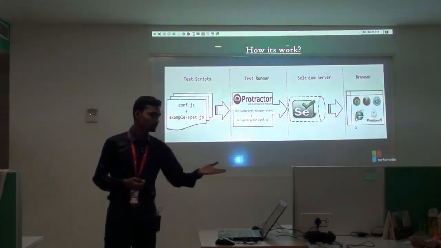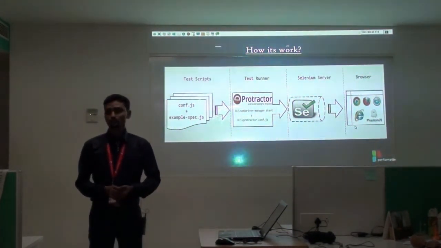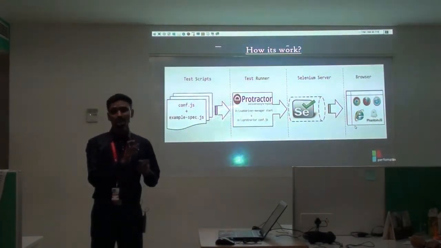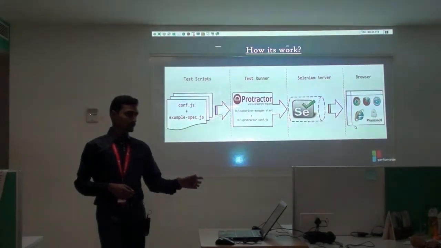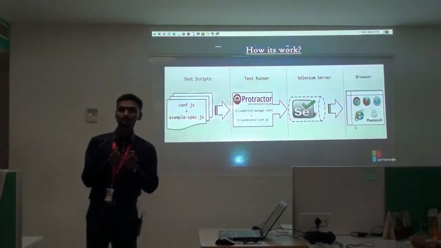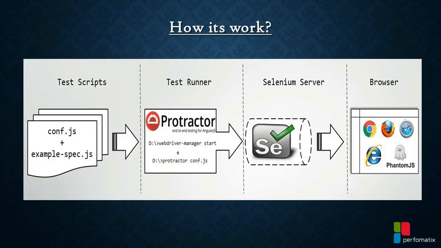And how is the test executed? We execute that config file through the Protractor tool. We just say Protractor, here is my config file, just run the config. At that time, what does Protractor do? Protractor sends the test case commands I have mentioned in my test cases to the Selenium WebDriver.